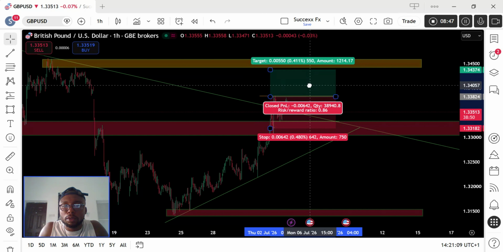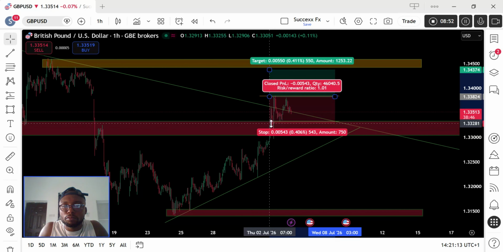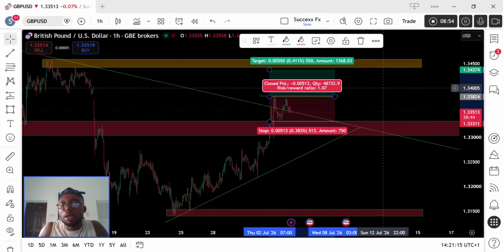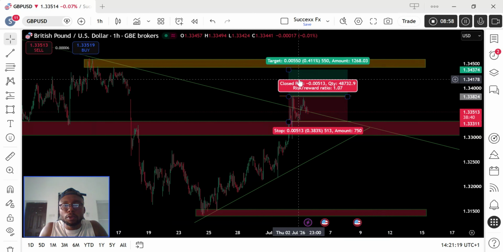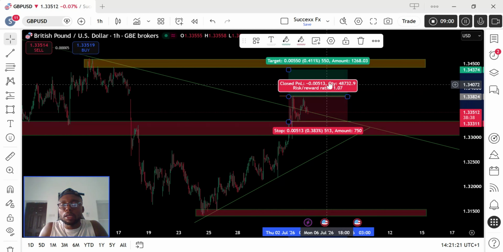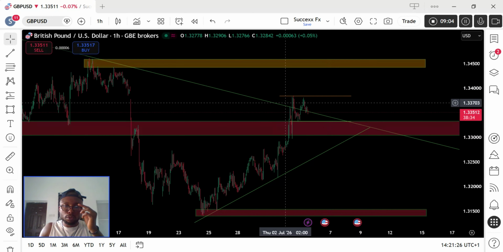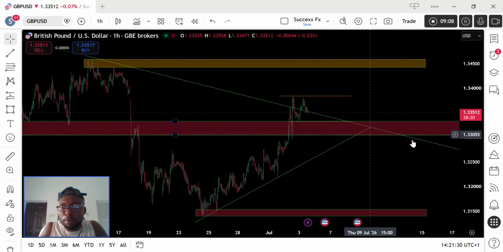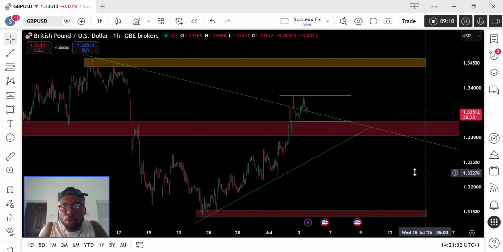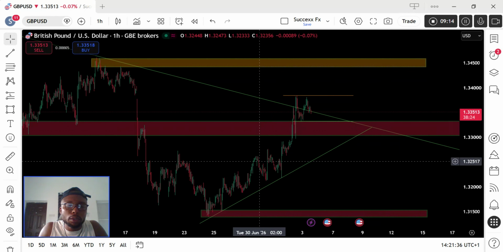Okay, let's see. Okay, but we really don't want to force trades, right? For me, I wouldn't want to force trades like this. Let's just give the markets a chance to breathe, see what happens around these areas. And then from there, depending on the market structure, we can make an informed decision.